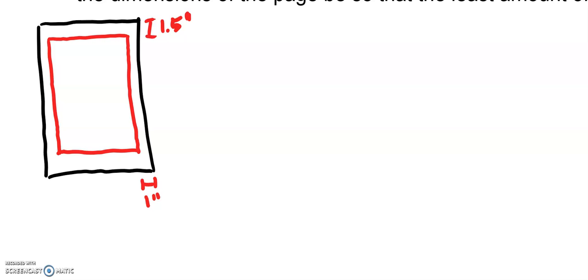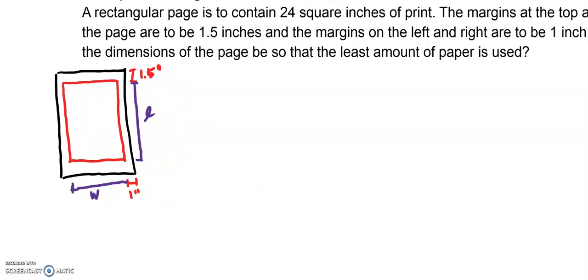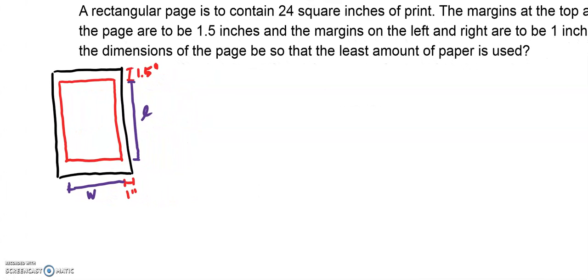So then let's call this distance, from here to here, let's say that is L, and from here to here, let's say that is W. And the area of the red is going to be 24 square inches. So now we have a picture.